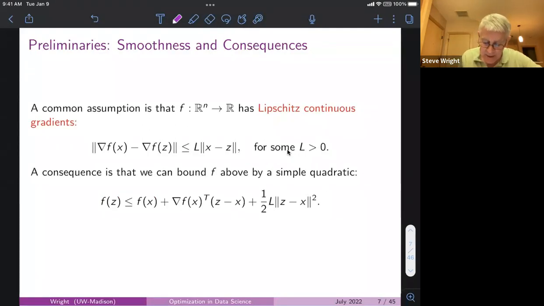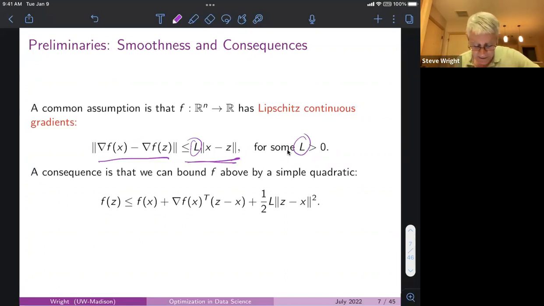Okay, and the last one, which turns out to be quite important: when we're talking about smooth functions, often what we mean is that the gradient of f has this Lipschitz continuity property. That is, if I evaluate the gradient at 2 points, x and z, then the norm of the difference of the gradients is bounded by some constant L times the norm of x minus z. And this L turns out to play a very important role in the analysis and in the definition of some critical algorithms.